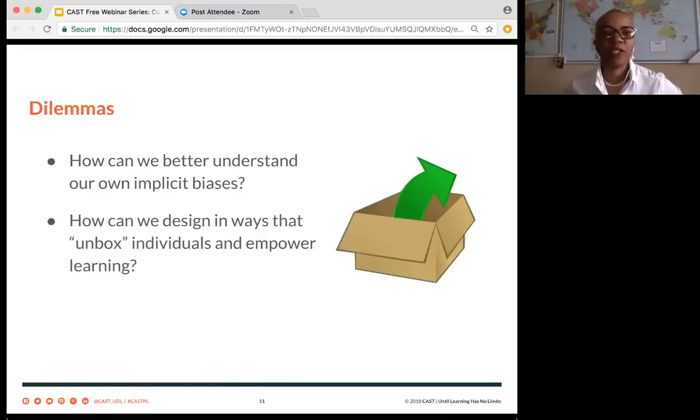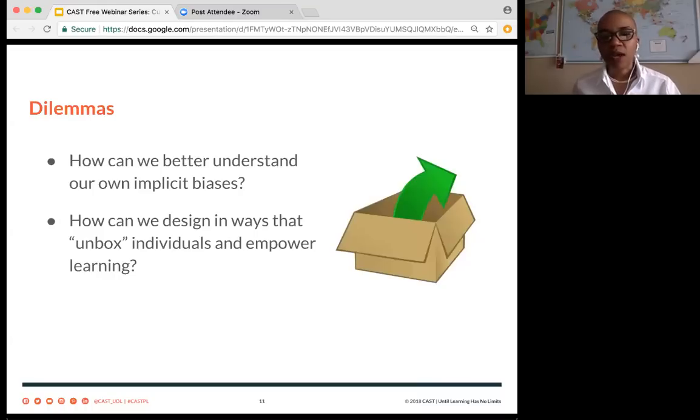Well, I'll just jump in really quick to tackle the first dilemma of how can we better understand our own implicit bias. And what Kavita just said, as far as us being flexible with our offerings and options with students, we also need to have that same flexibility with ourselves, because this is a learning opportunity for us to grow and to get a deeper understanding of who we are and how we can better serve our students that come from various backgrounds, that come from various circumstances.